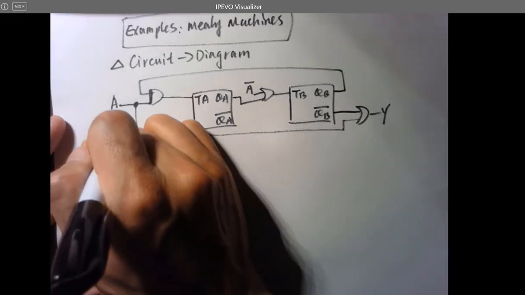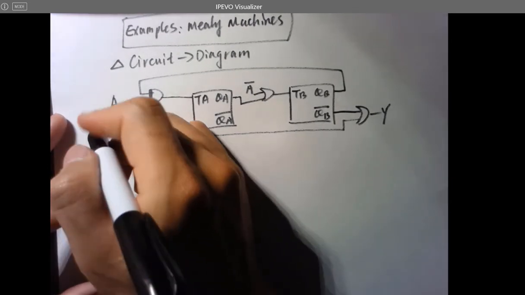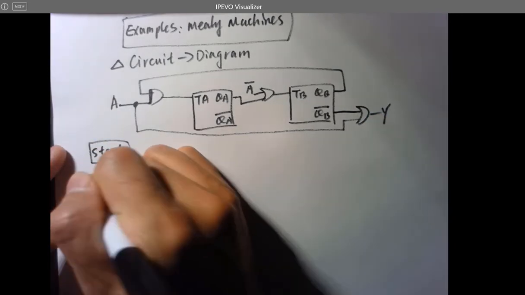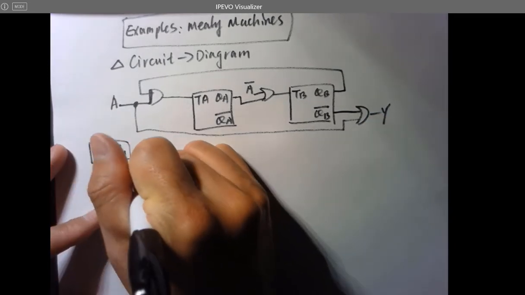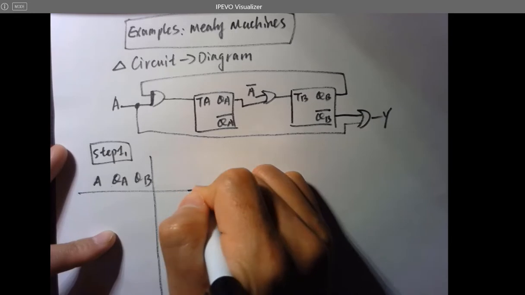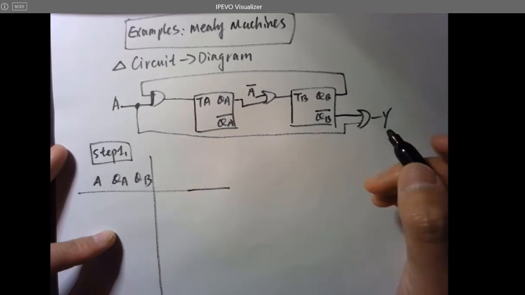Still the same concept. Step one should always be a truth table. So we have A, QB, and what are these intermediate variables?